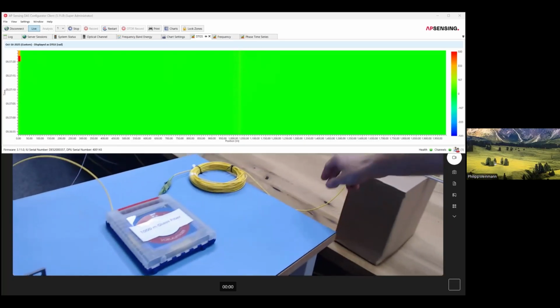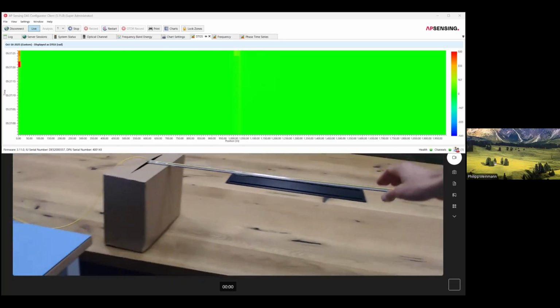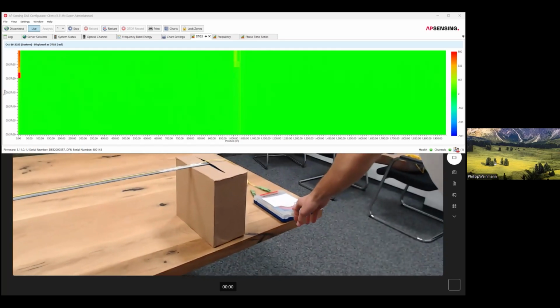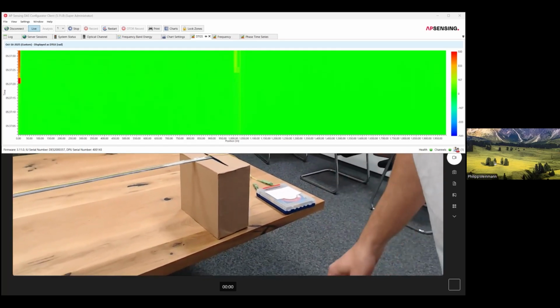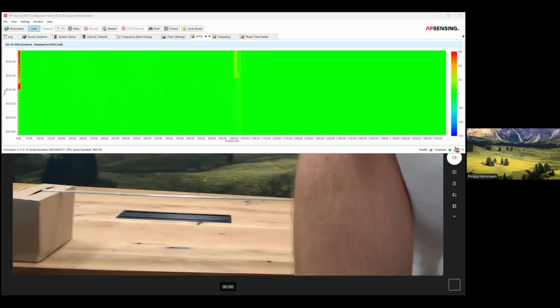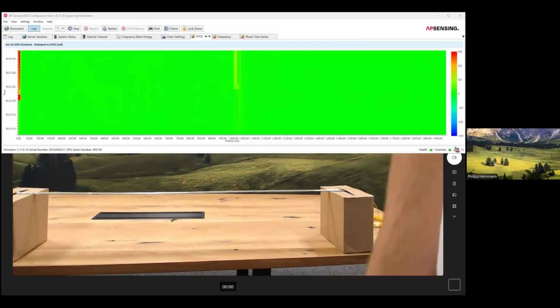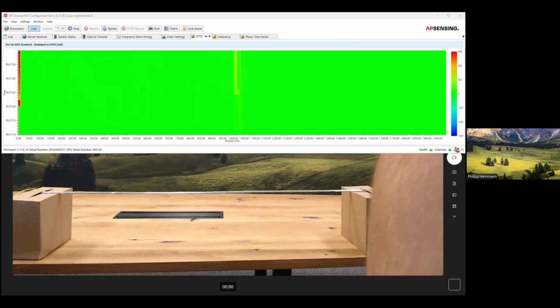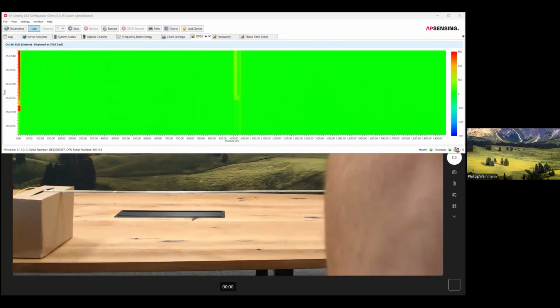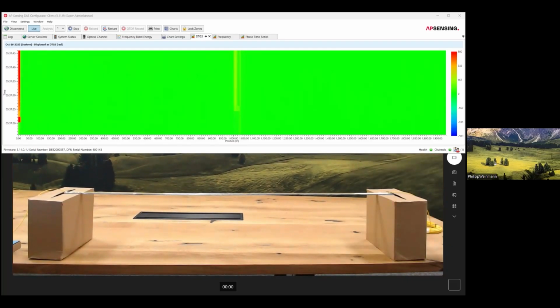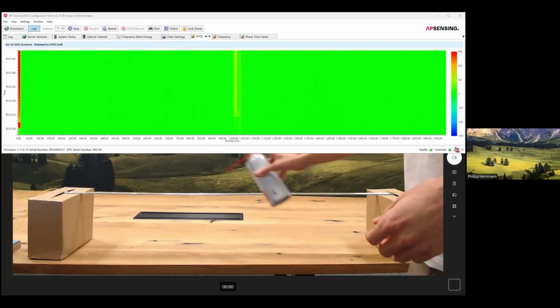Then we are going onto this glass fiber here, and I have another 1,000 meters of glass fiber over there. I'm now applying the ice spray.